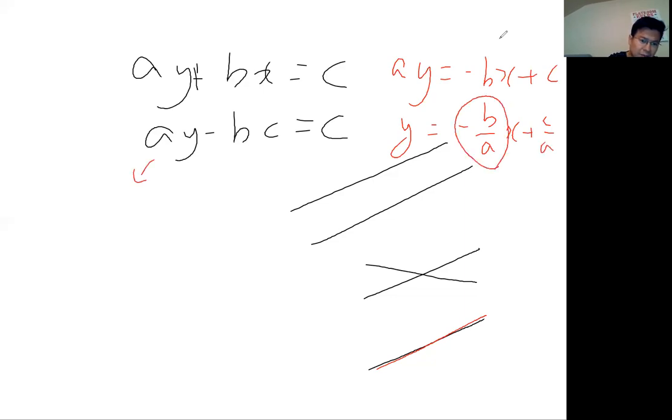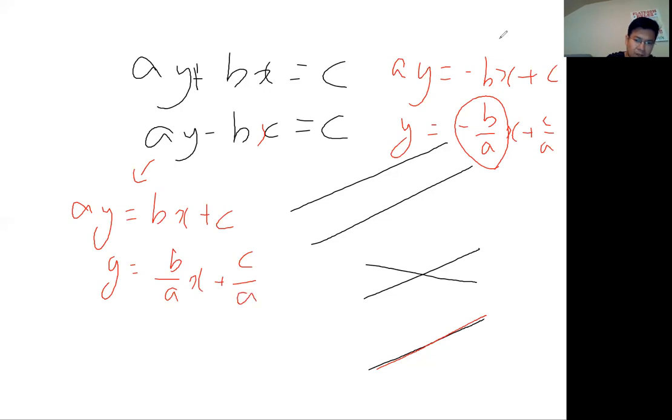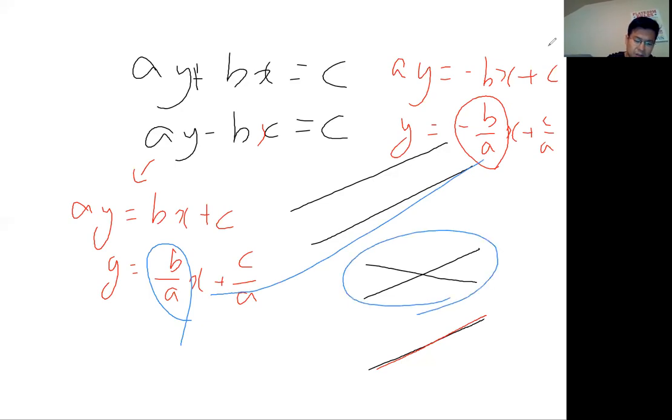And the second one, ay equals bx plus c, and then y equals b over a x plus c over a. If you compare the slopes, they're two different slopes, so this is one solution, and it doesn't matter what the y-intercept is. That's why the second one is the only right answer.